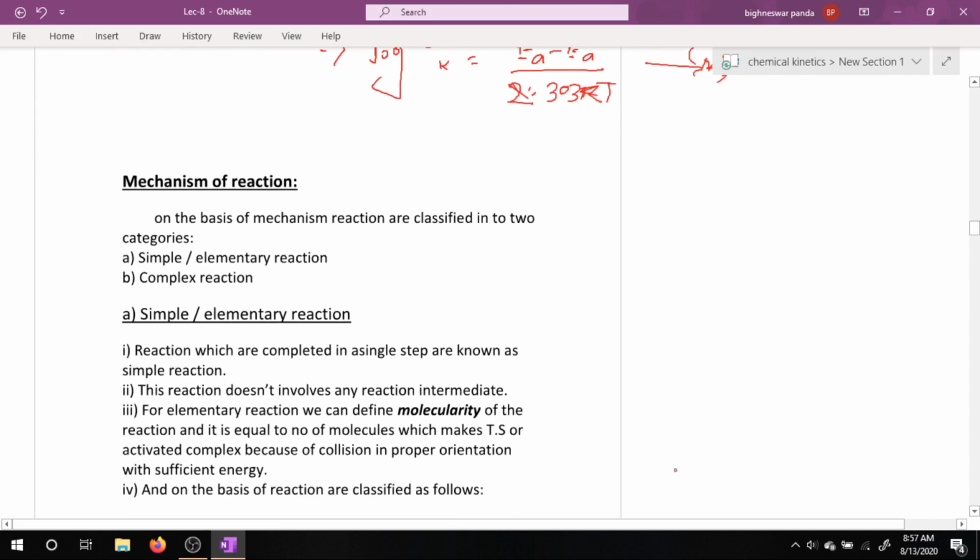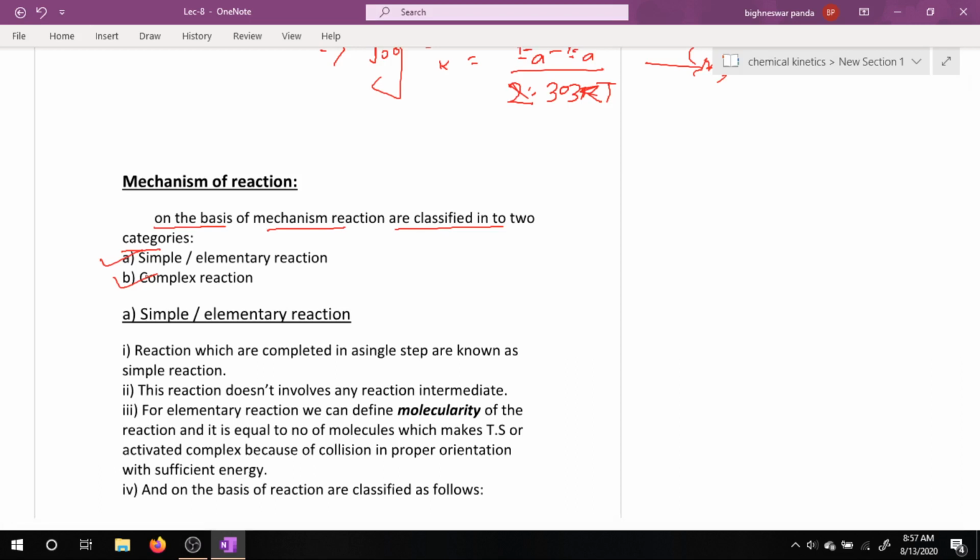Then come to another part, more and more important. We have not discussed about molecularity of the reaction. We have discussed about order, what is order, but we have to discuss what is molecularity of a reaction. So let us consider mechanism of reactions. On the basis of mechanism, reactions are classified as simple reaction and complex reaction. Simple reactions are also called elementary reactions.